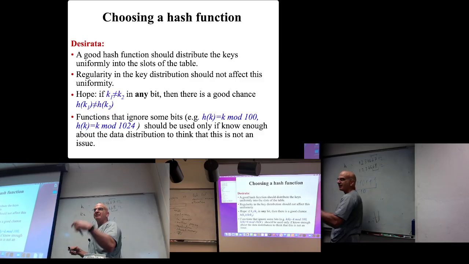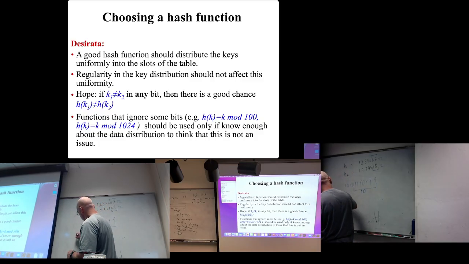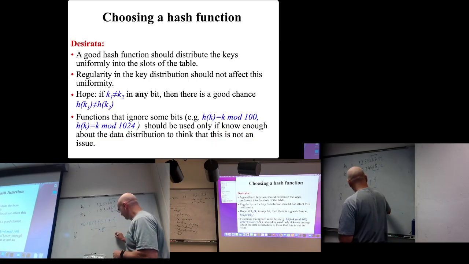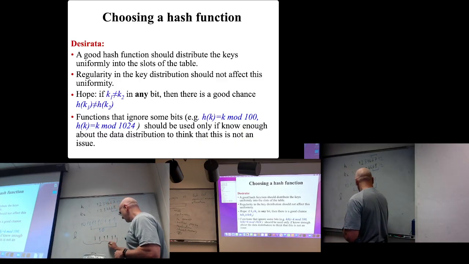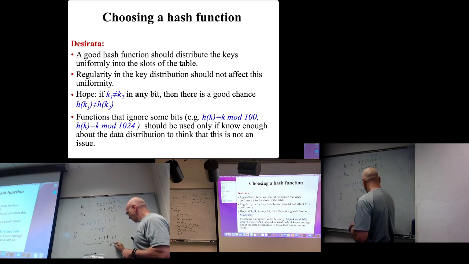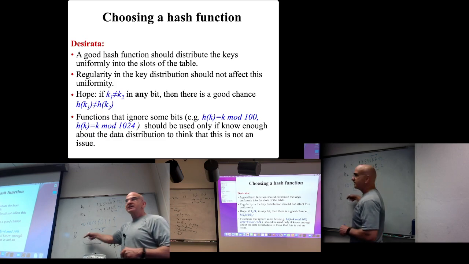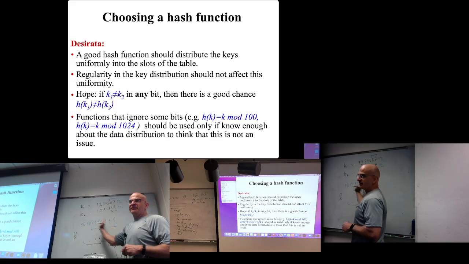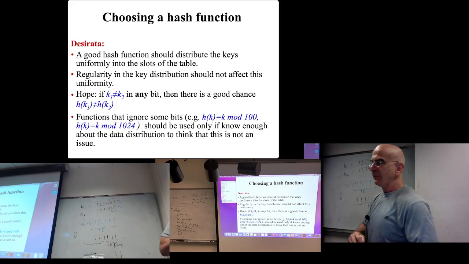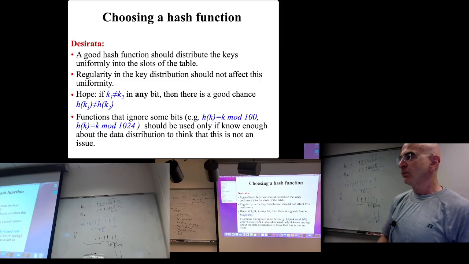There will be masking coming up later. You do a bitwise AND with a mask of 10 ones, and the rest is 0. What happens is that the first 10 bits stay the same, and everything to the left becomes 0.